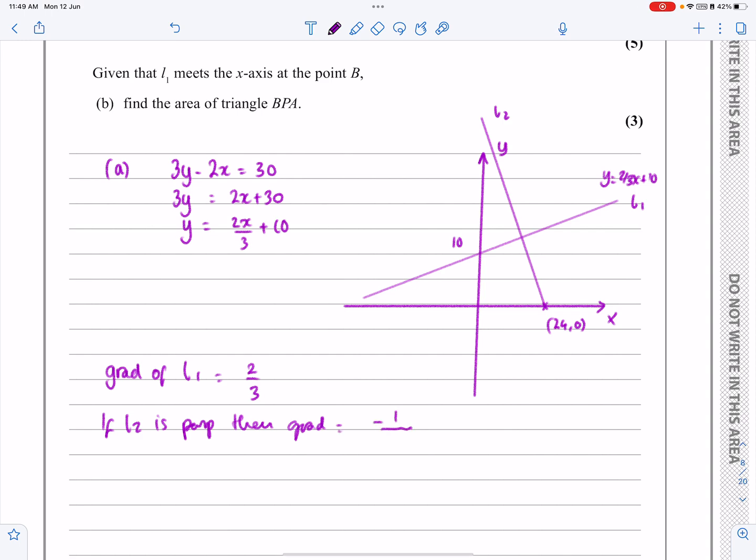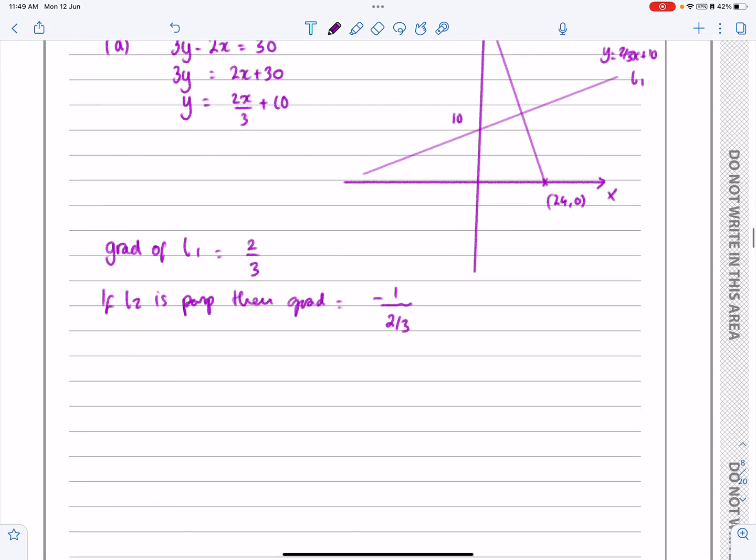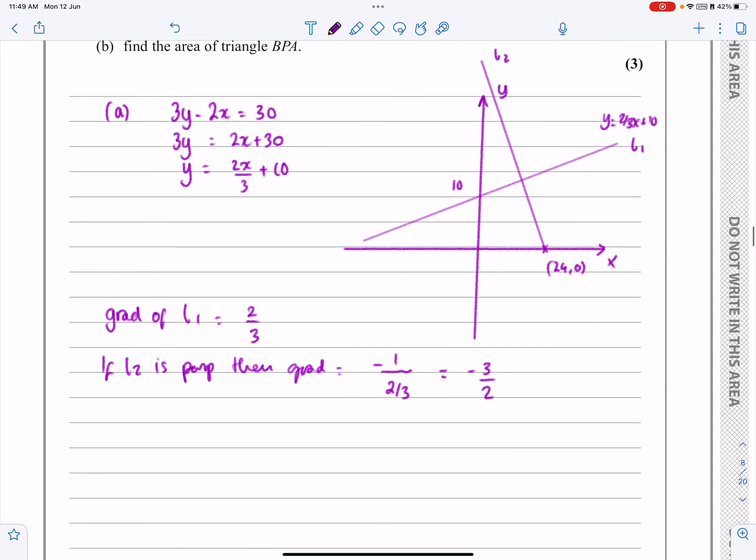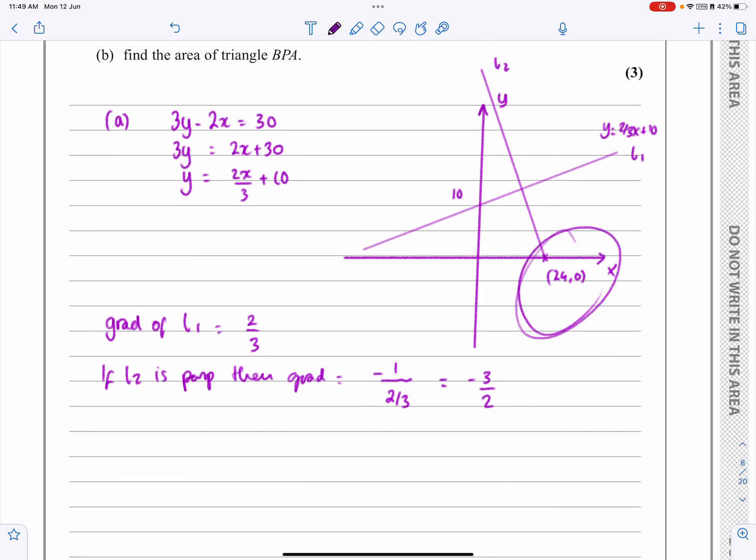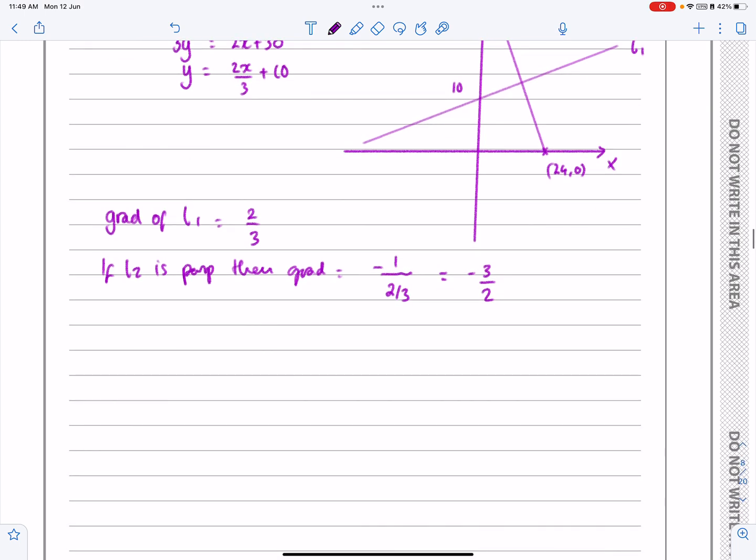I don't normally tend to write minus 1 over. I just turn it upside down and make it negative, minus 3 over 2. But if you want to do it like this on the calculator, you can do. So we've got the gradient of L2. We've got a point on the line L2.